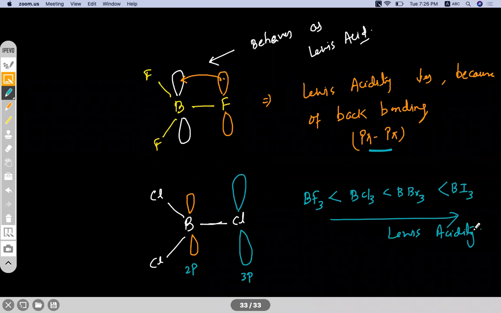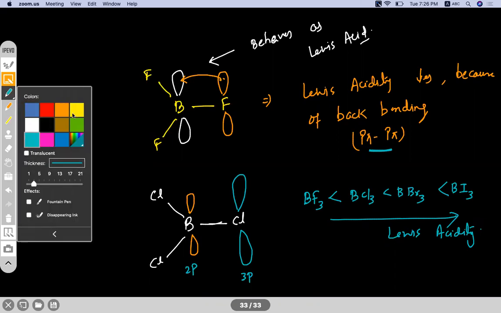Yes. One important thing, this order I have given is according to p-pi back bonding, so you must take care of that. If you simply think of electronegativity, then you can say, sir, fluorine is the most electronegative atom, so it has the maximum tendency to accept electrons. But that is not the case. Here we cannot take electronegativity as the factor, not the major factor we can say.